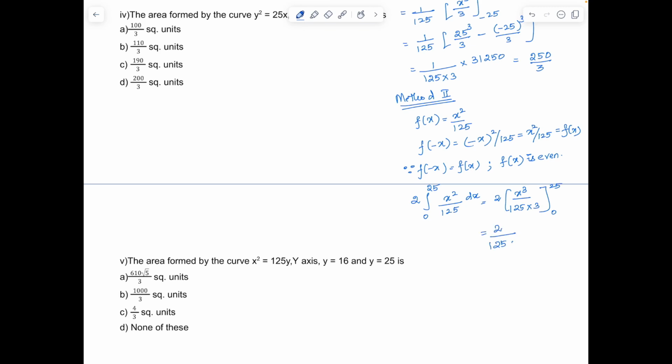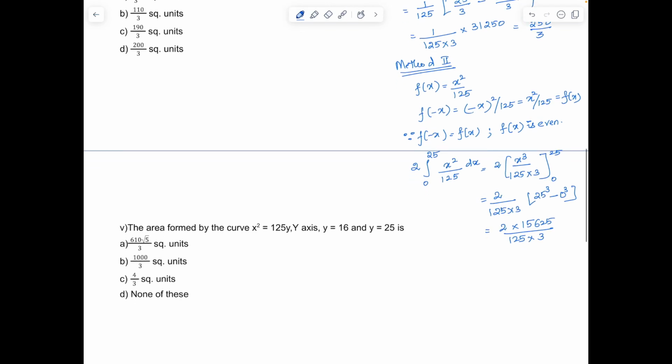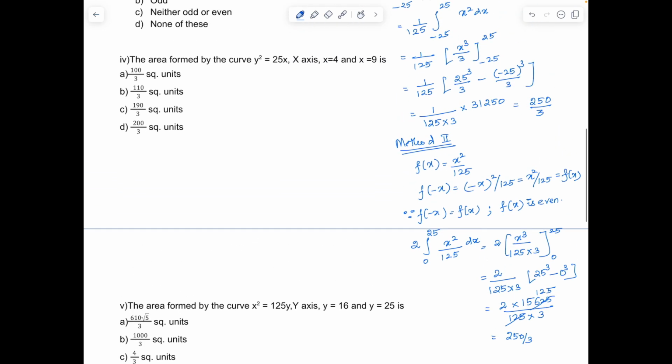That is 2 by 125 into 3 times (25 cube minus 0 cube), that is 2 times 15,625 by 125 times 3, which gives us 250 by 3. Again, the answer is B.